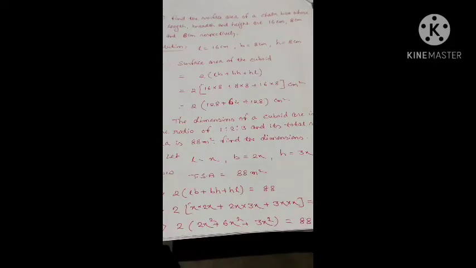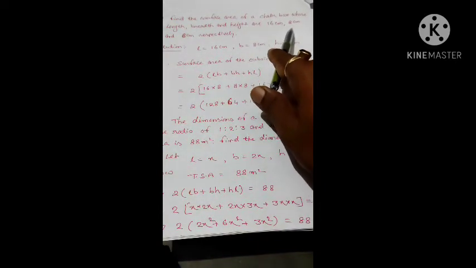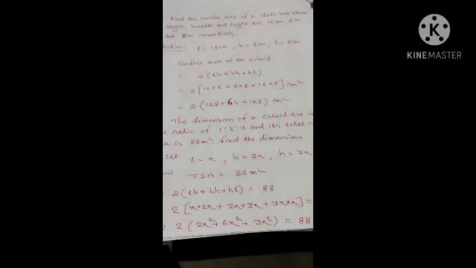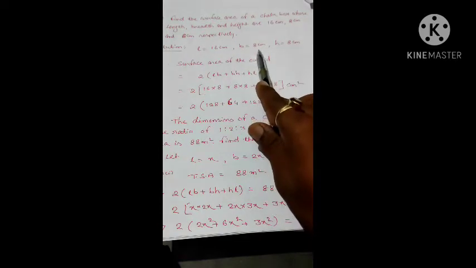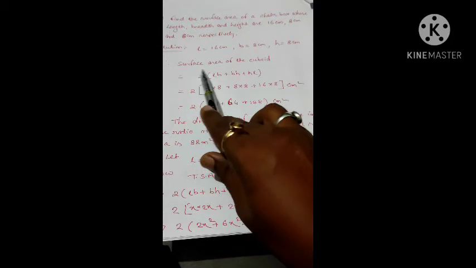So now, based on the formula, let us try to solve certain sums. Find the surface area of a chalk box whose length, breadth, and height are respectively 16 cm, 8 cm, and 8 cm. That means here length is given 16 cm, breadth is given 8 cm, and height is given 8 cm, and we have to find this area.